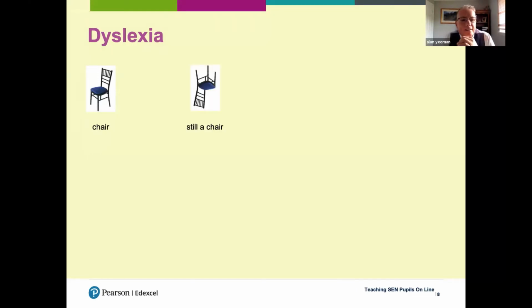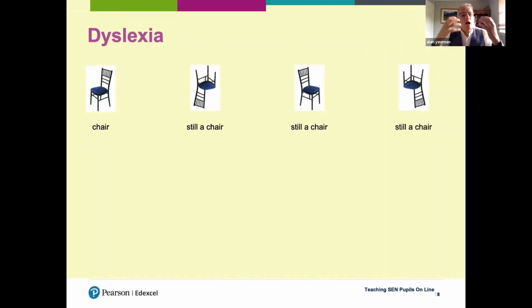If I do that, it's still a chair. Every single one of us can look at that. Okay, well, it's upside down, but it's a chair. That's still a chair, and that's still a chair. If we had dyslexia, all we would see is chair. We wouldn't see upside down, we wouldn't see back to front, we wouldn't see inside out, we'd just see chair, which is what we can all see.